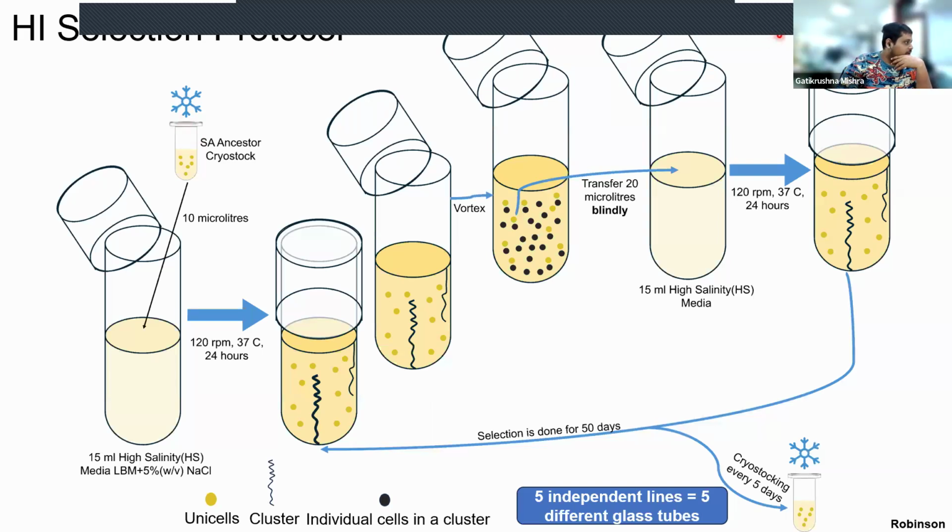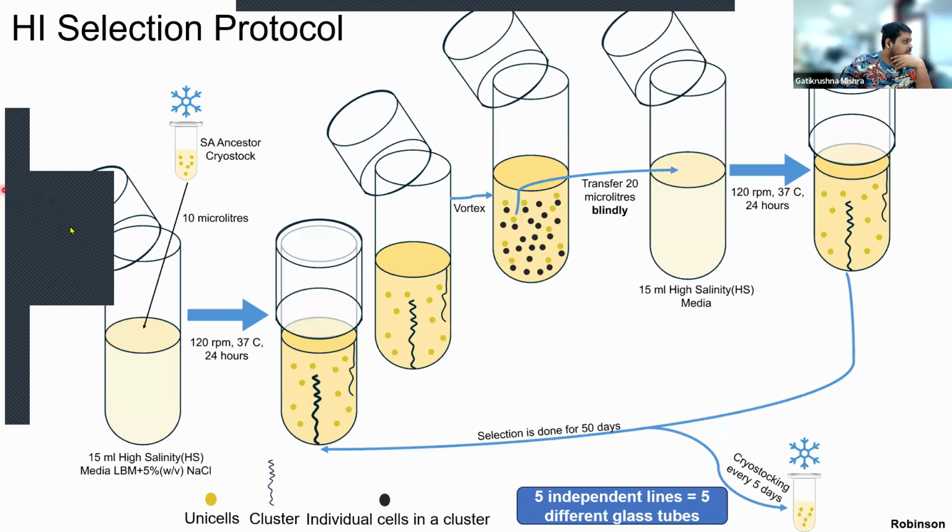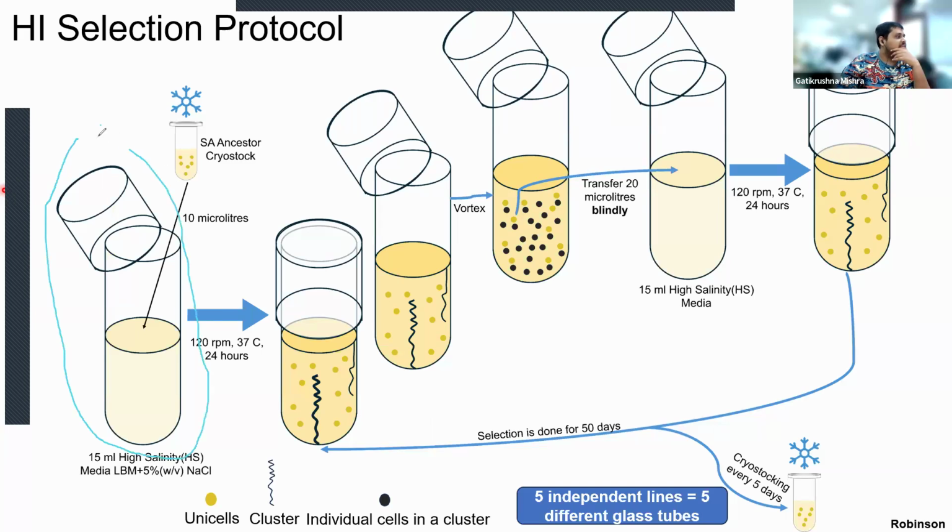Let me annotate. It starts with just 15 ml high salinity media, where we inoculate 10 microliters of ancestor, and then we grow them for 24 hours at 120 rpm and 37 degrees centigrade. And then they show such a phenotype where there are unicellular cells in the liquid medium, and there is also a multicellular cluster here.